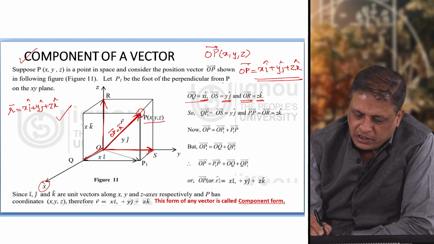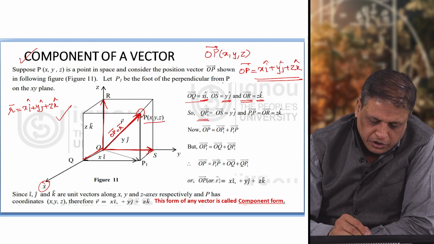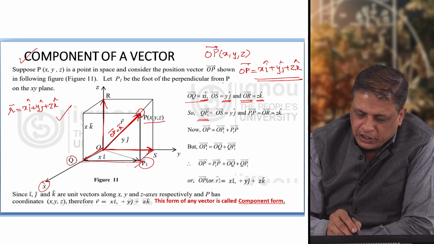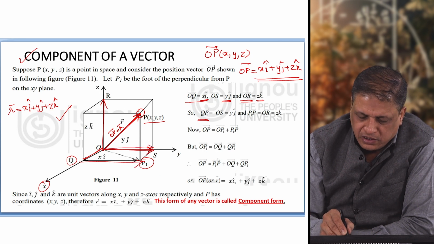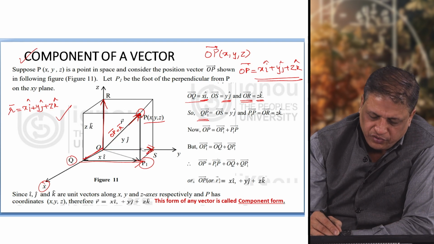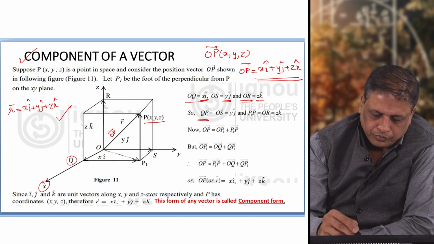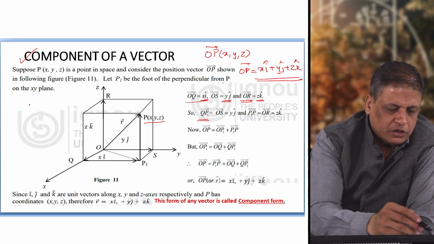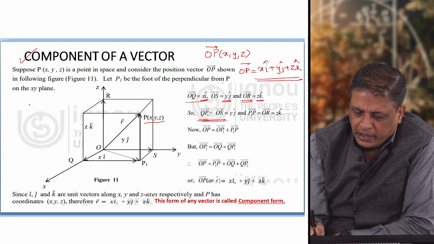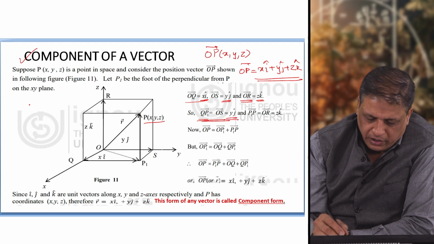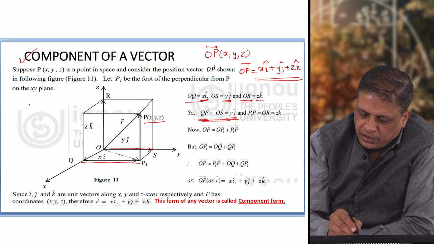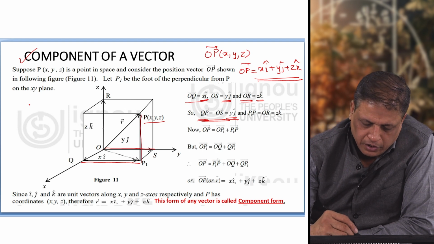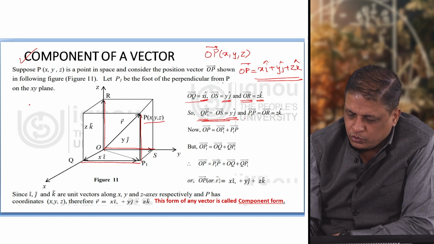Now, you can always see that this is point Q and this is point P1, this vector QP1 is parallel to vector OS, that is vector yj. So, that means QP1 is equal to OS, that means equal to yj. Similarly, P1P is always equal to OR. So, that is equal to zk.